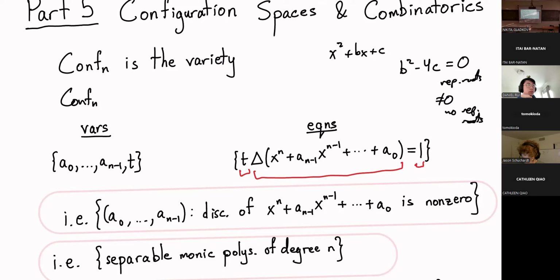Conf_n is Spec Z adjoin x_0 through x_{n-1}, adjoin the discriminant inverse. It's this guy. The discriminant is the discriminant of the polynomial, which has these coefficients.